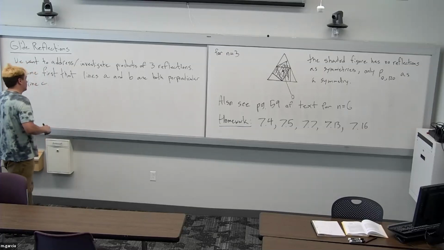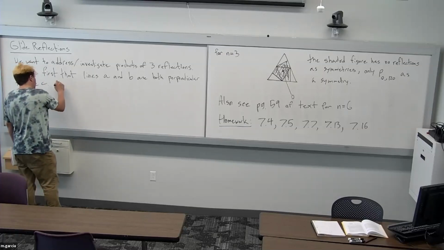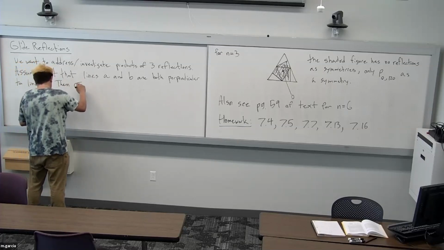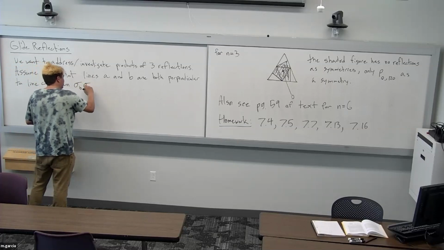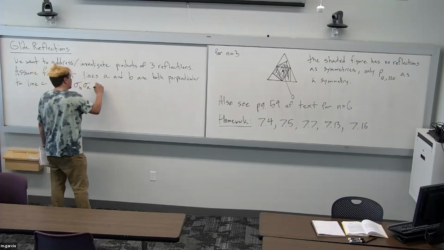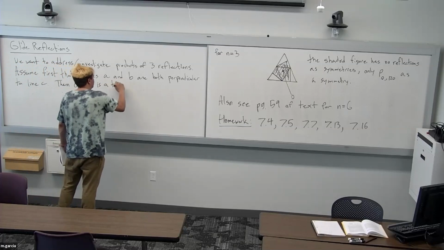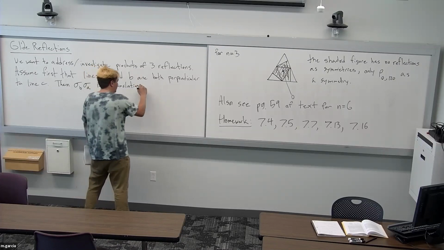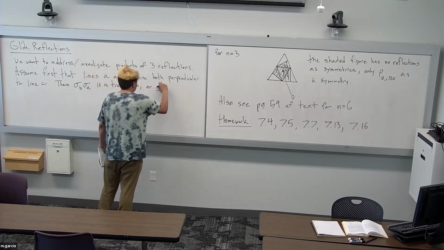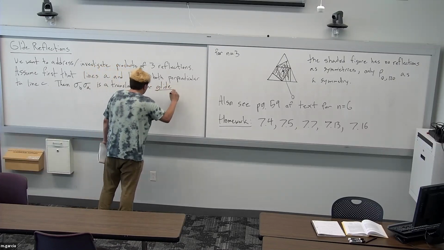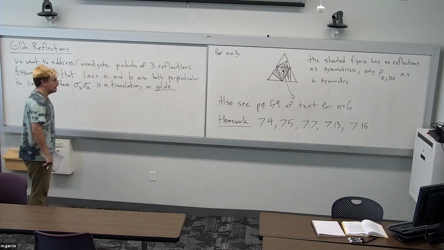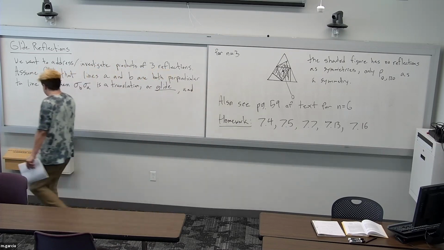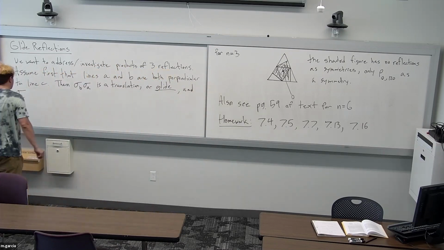Then, clearly, as we've discussed at some length by this point, sigma B, sigma A is a translation, and sigma C is a reflection.